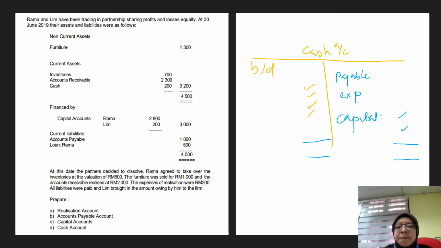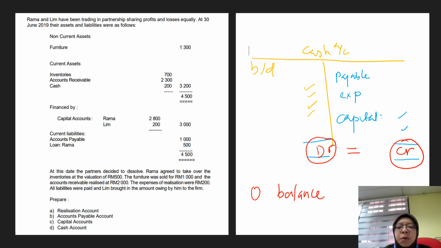So lastly, the debit total should be equal to the credit total, right? And our cash account will be zero balance.